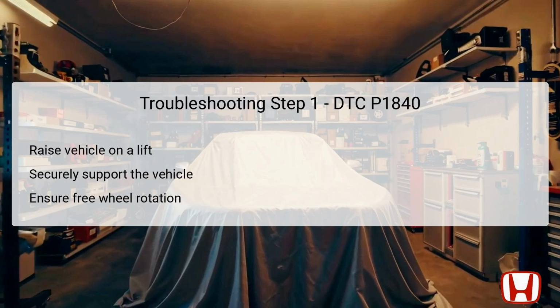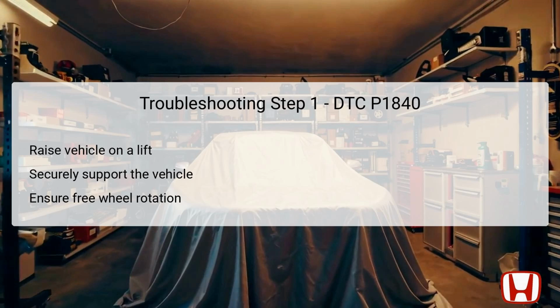The first step in troubleshooting DTC P1840 involves safely raising the vehicle on a lift, ensuring that it is securely supported. This step is crucial for technician safety and to allow access to the vehicle's undercarriage. Once elevated, it's essential to make sure all four wheels can rotate freely, which is important for accurate testing of the CVT system function.